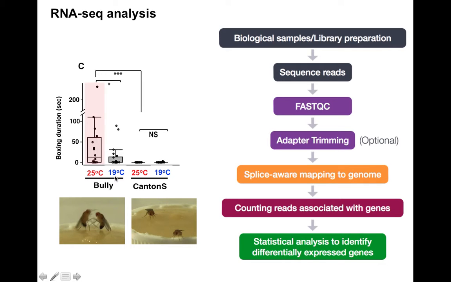We extracted RNA from the fly head and performed sequencing using Illumina HiSeq. From the sequencing result, we have about 30 million reads for each sample.